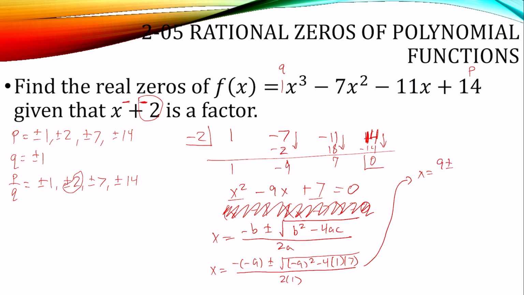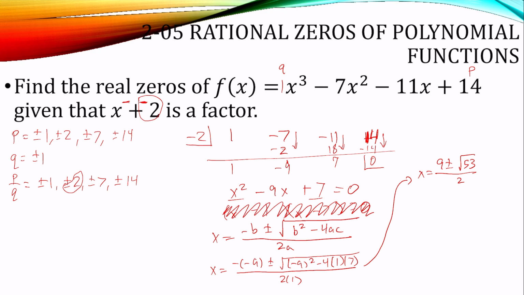So it's 9. All right, inside the square root looks like it's 81 minus 28. Which gives us 53.